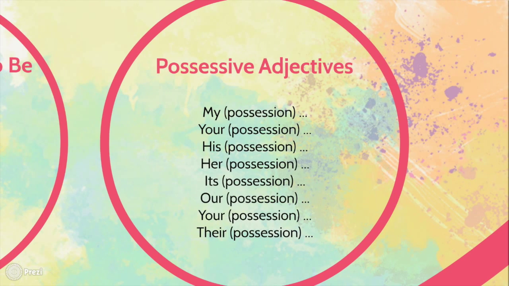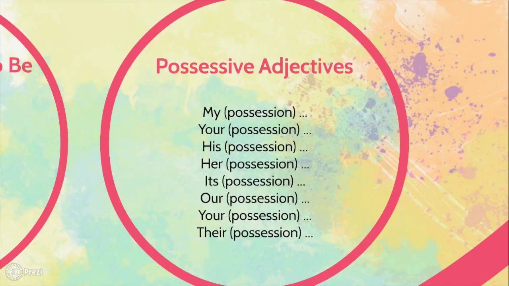We use possessive adjectives or possessive pronouns to indicate that something or someone is ours. I mean, our possession. Usamos los adjetivos posesivos para indicar que algo nos pertenece. Tenemos my, your, his, her, its, our, your, their, respectivamente con los pronombres antes vistos.